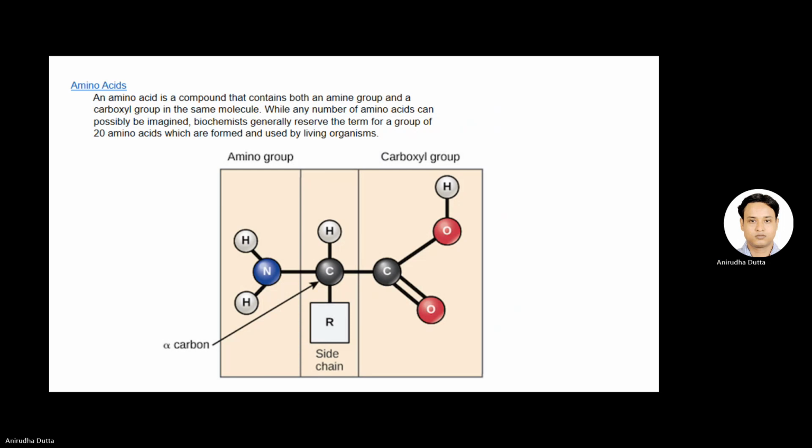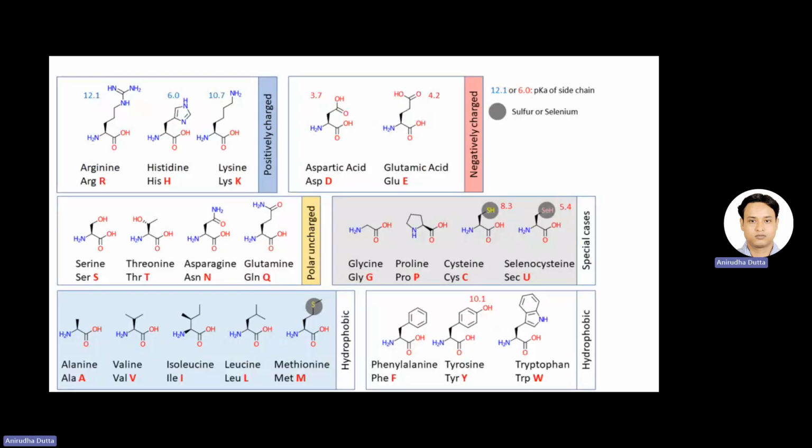Based on the chemical property of the R group, some amino acids are aliphatic, some are aromatic. Some R groups have positive charge, some have negative charge. And as protein is a polymer of amino acids, based on the composition of their amino acids, proteins might have different properties.